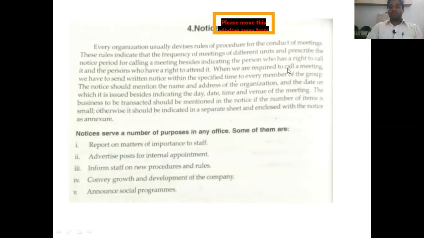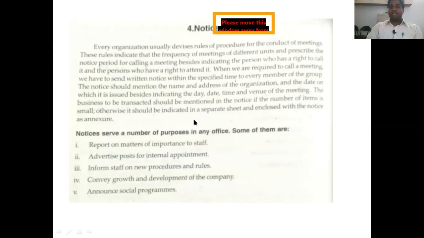When we are required to call a meeting, we have to send a written notice within a specified time to every member of the group. The notice should mention the name and address of the organization and the date on which it is issued, besides indicating the day, time, and venue of the meeting. The business should be mentioned in the notice if the number of items is small.